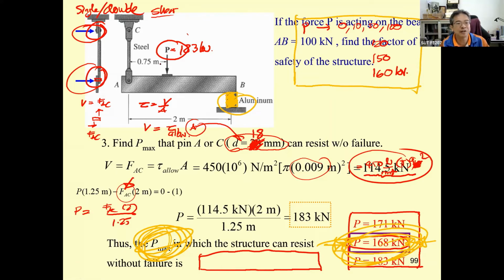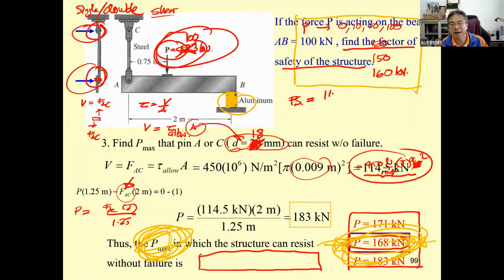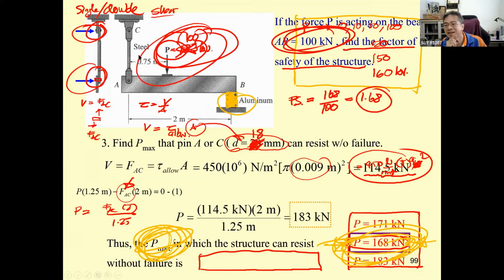If this P is not 83, it's just 100 kilonewton, what is going to be the factor of safety? The factor of safety is going to be 168 divided by 100, so 1.68. If the force is only 100, the structure can take 168.